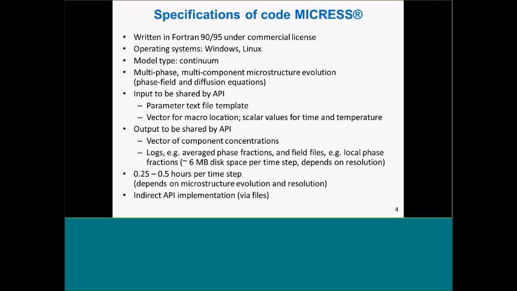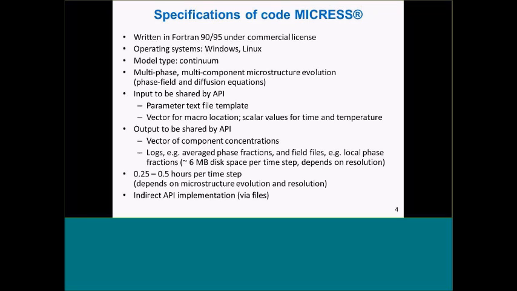So we use an indirect API implementation via files, and the only input necessary for Micros is a parameter text file, which we first pass as a template to the interface, and then enrich it with the special properties for several time steps.